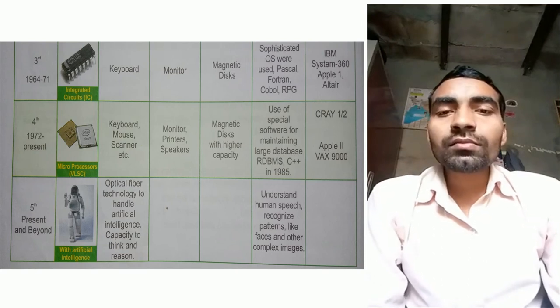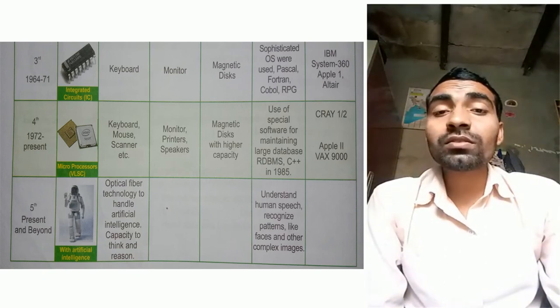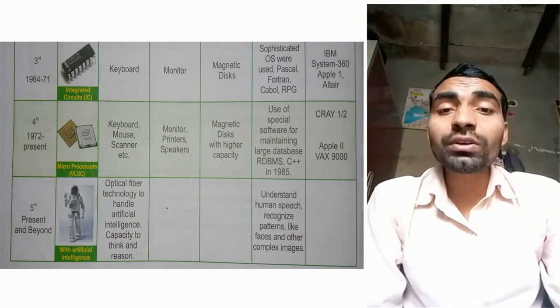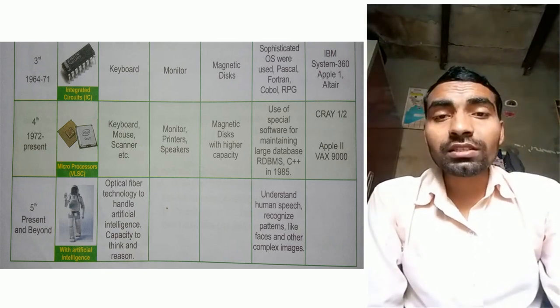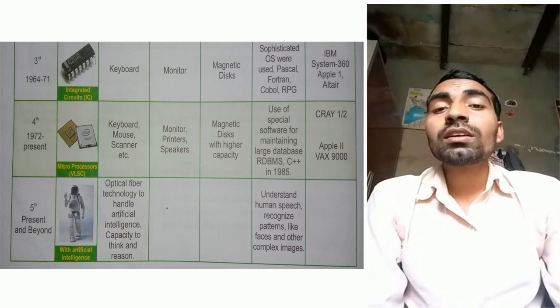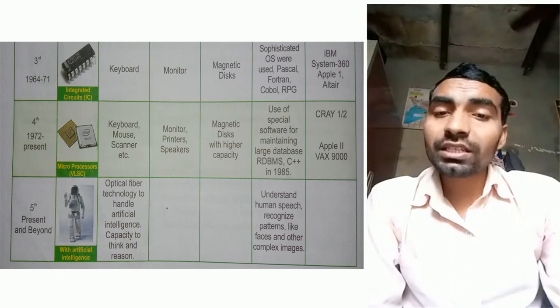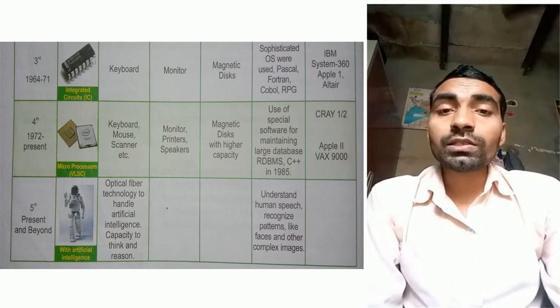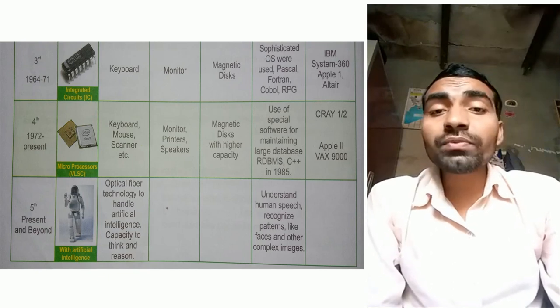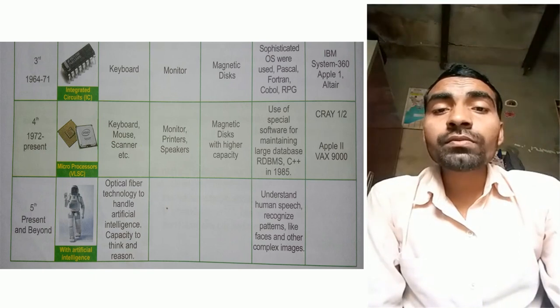Then the scientists thought about more advanced technology, so they developed, or you can say they are still continuing to develop, new technologies. So the fifth generation starts, in which there is the use of artificial intelligence. Means the computers use artificial intelligence to solve the problems of users.